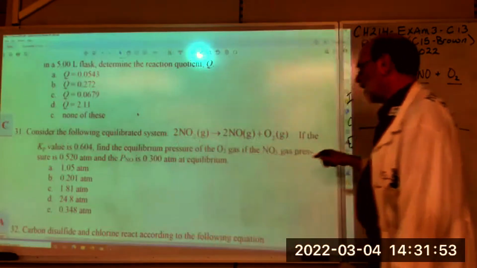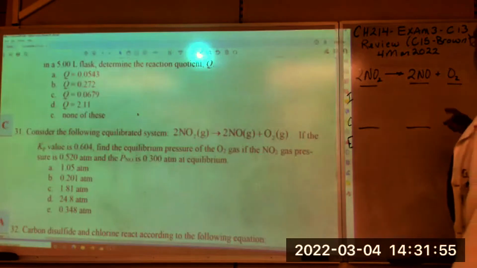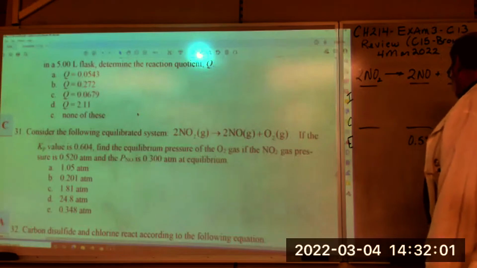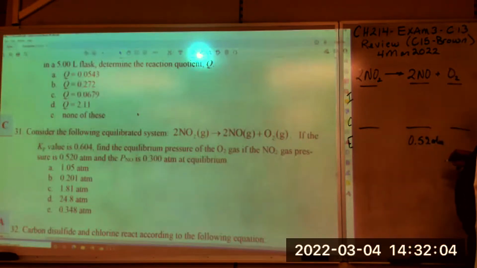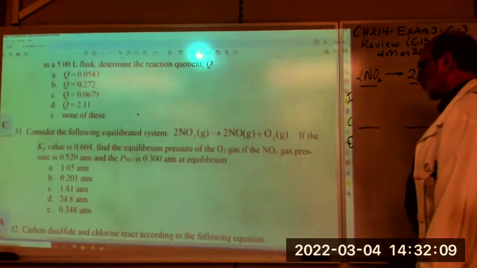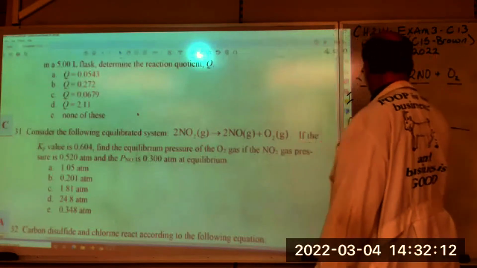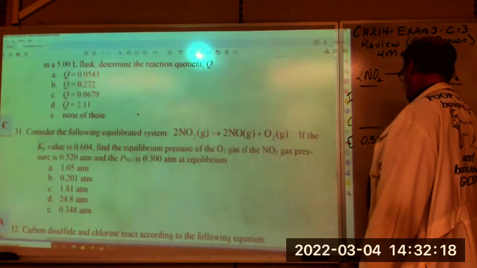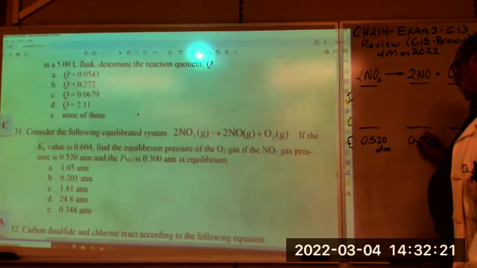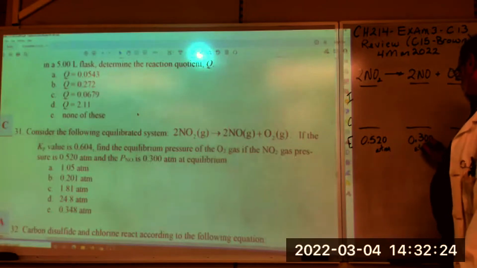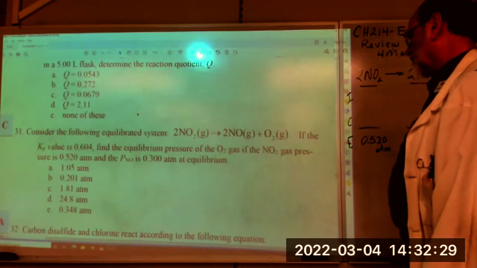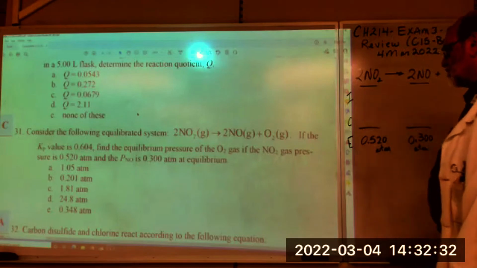NO2 gas pressure is 0.520 atmospheres. And NO is 0.300 atmospheres. And the Kp is 0.604. Equilibrium pressure of O2.